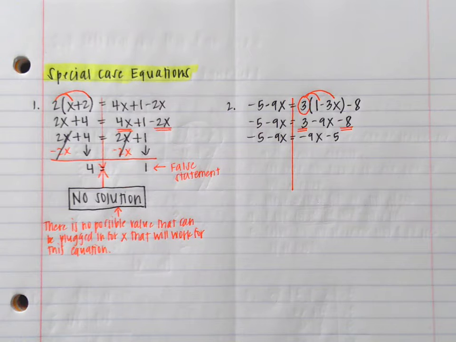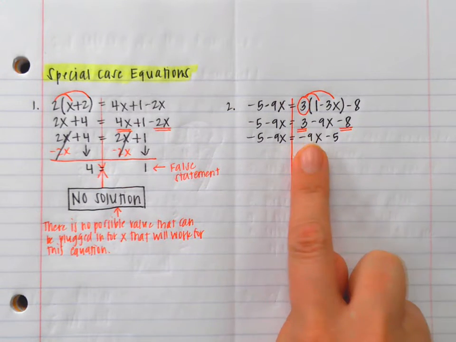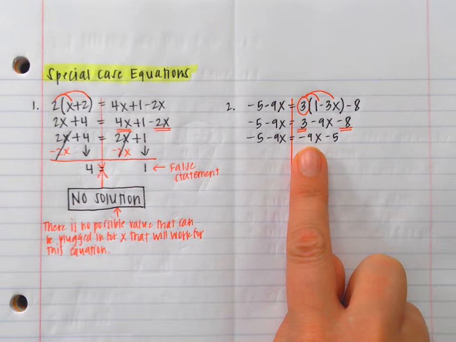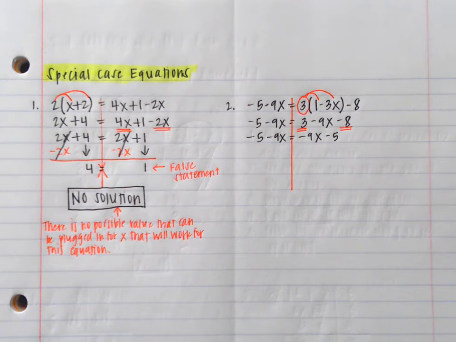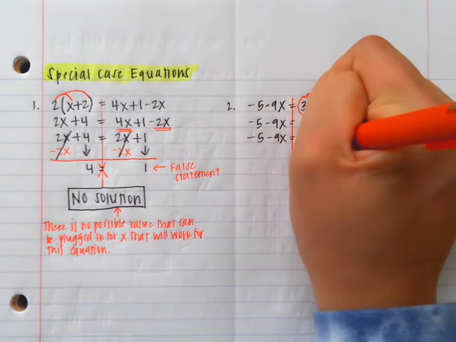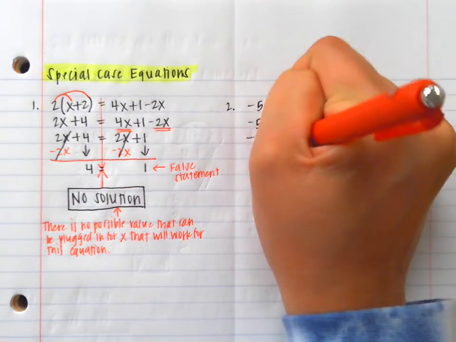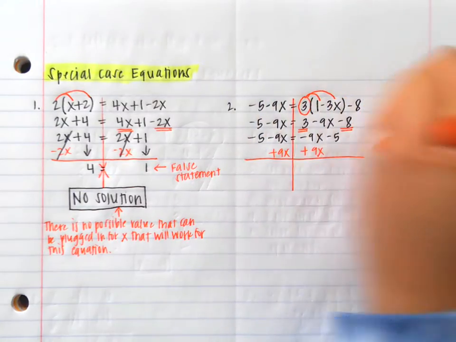My next step, and I'm sure some of you are seeing what's going to happen here, is to get the variables on one side of the equation. So I'm going to move this negative 9x to my left side. Because it's a negative 9x, to do the opposite and move it over, we're going to add 9x to both sides. And what happens?